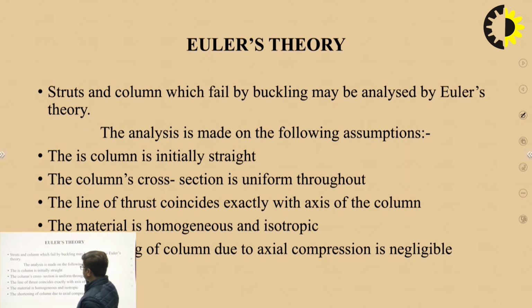The column is initially straight, the column's cross section is uniform throughout, the line of thrust coincides exactly with the axis of the column, the material is homogeneous and isotropic, the shortening of column due to axial compression is negligible. It is very important to note the shortening of the column due to axial compression is negligible.